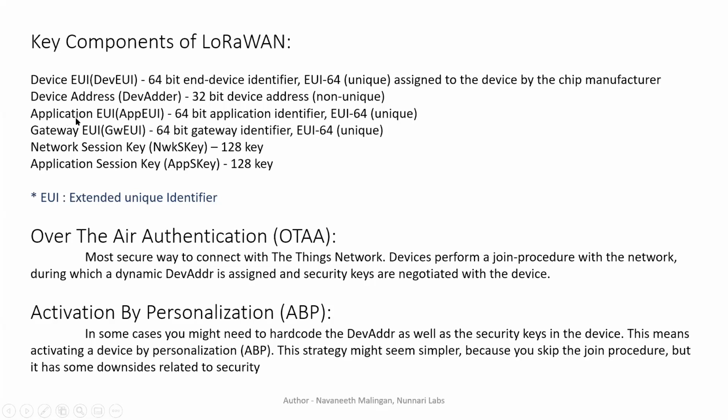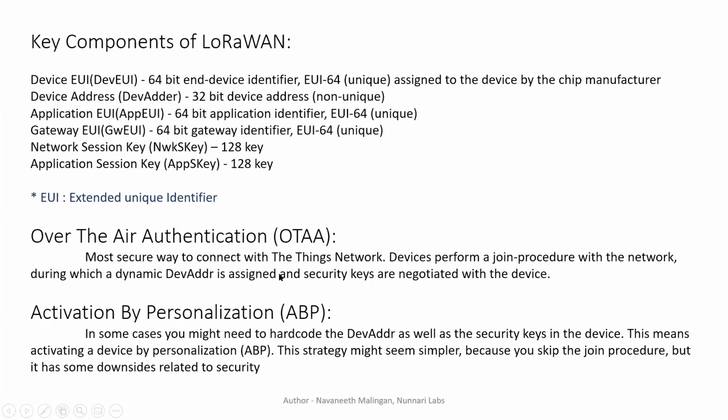You can only give the application UI, and the authentication will happen automatically during the joining. Or else, in activation by personalization, you yourself create all these keys and embed them within the devices so that it is connected factory default. Once it is on, it will be able to connect. So there are two ways where a device can join a LoRa network.